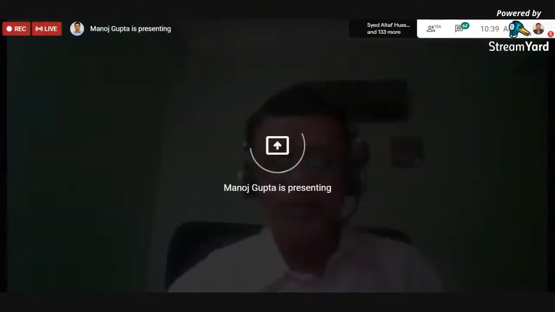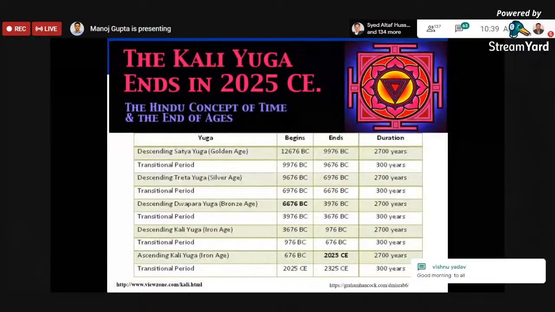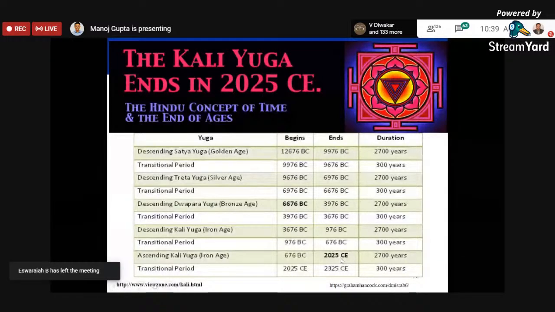Yeah. So apparently, what you see here is what they predicted. And now let's go to the Hindu beliefs. The Kali Yuga is supposed to end in 2025 now. The Paris Agreement says that by 2025 we have to take concrete steps.